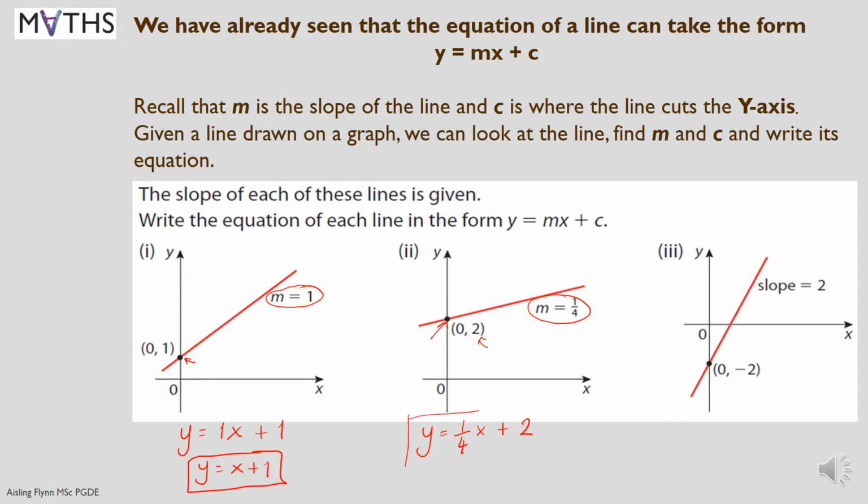And finally we have slope of 2 for the last one and intercept of -2. So we would write y equals 2 times x, that's mx, plus c. And in this case c is negative, it's -2. So that's our third line there. So we're familiar with that already.